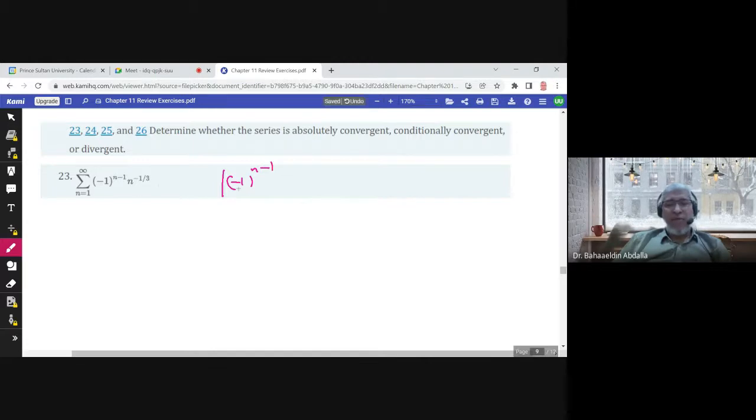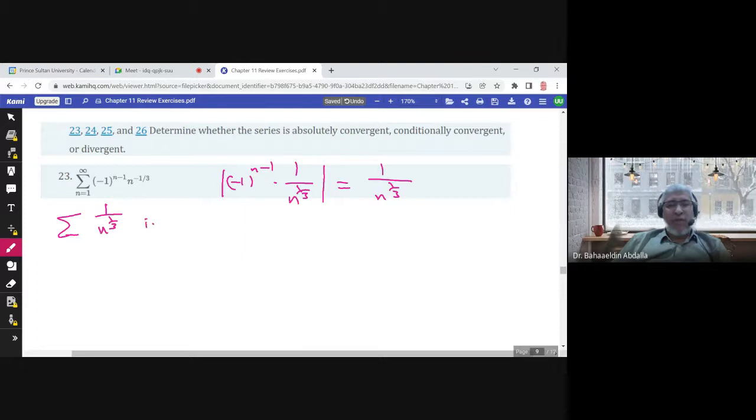This is n to the power negative 1 over 3, so I can write it 1 over n to the power 1 over 3. Well, absolute value, the negative 1 will disappear and I will have 1 over n to the power 1 over 3.